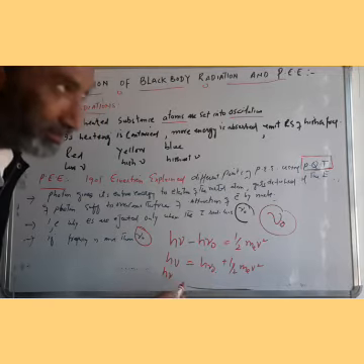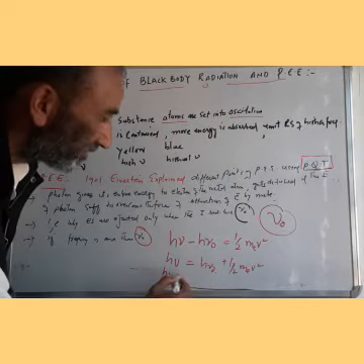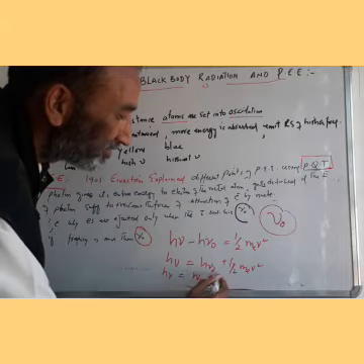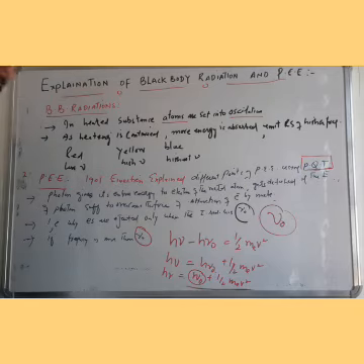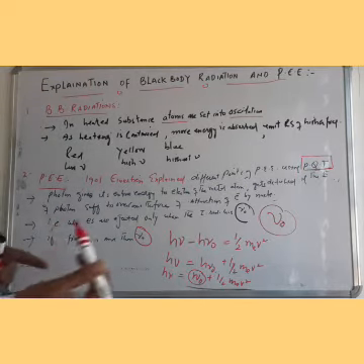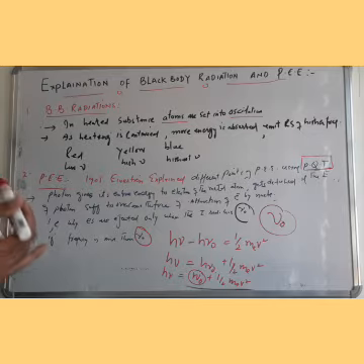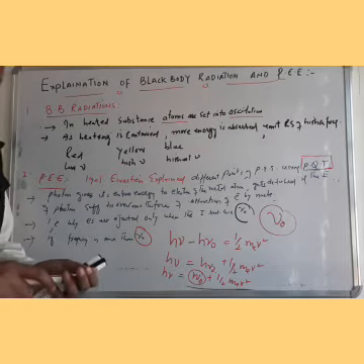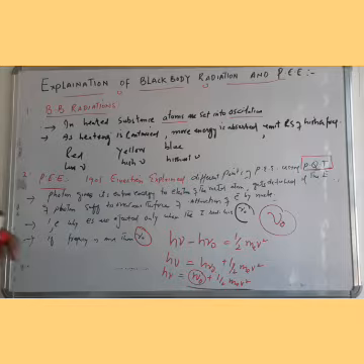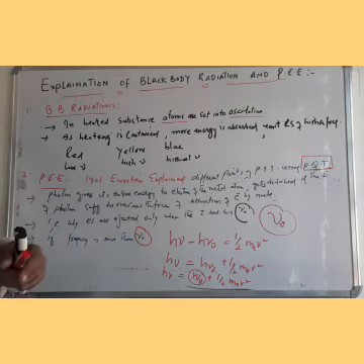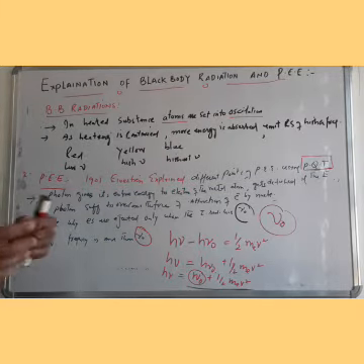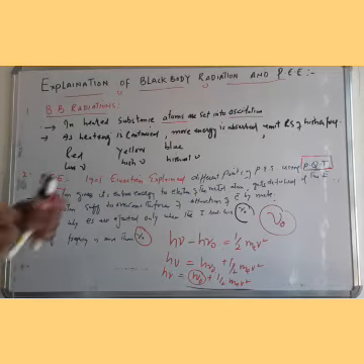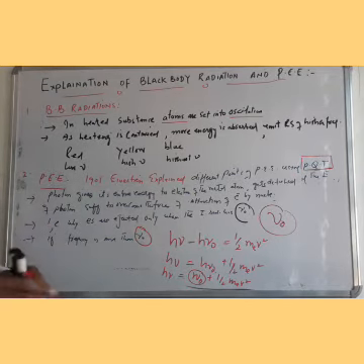We can also write it as W0 plus 1 by 2 m v square, where W0 is the work function. So the excess energy is imparted as kinetic energy to the electron. That is the reason more the frequency, more is the kinetic energy of the photoelectrons, and more is the velocity.